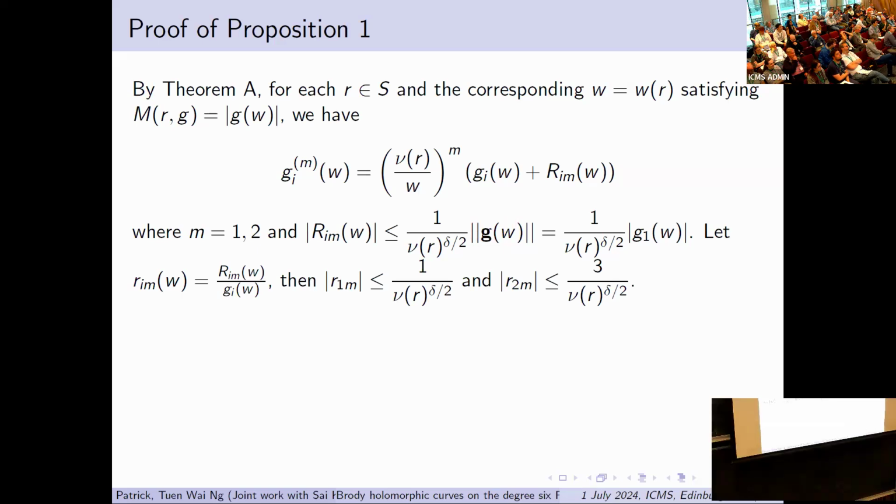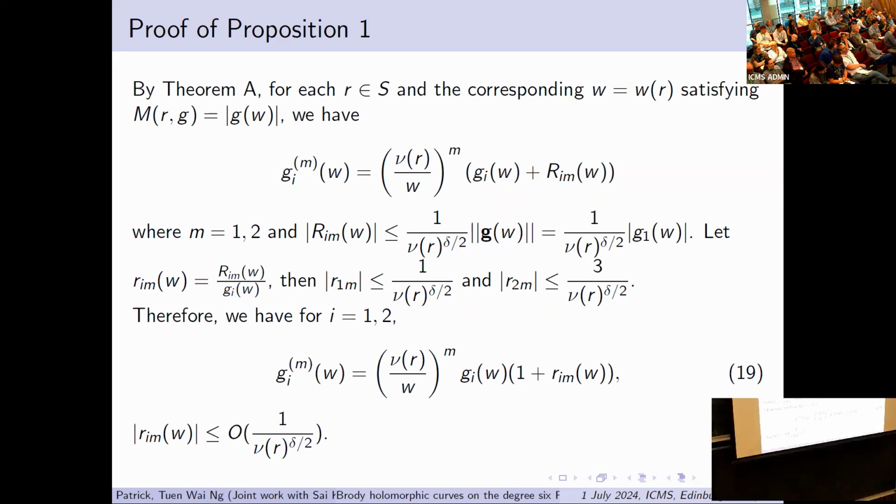So if we divide everything here by G_i, this little ε_i will satisfy this estimation here. So finally, we can rewrite the previous estimation in this way. So now each of these error terms here would be bounded by the same factor here.